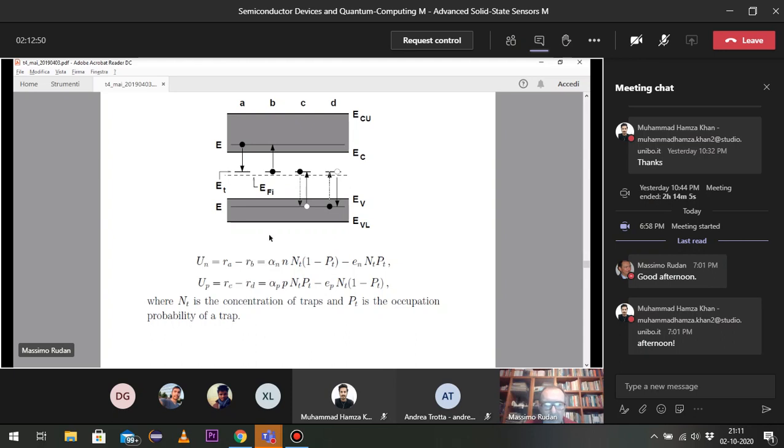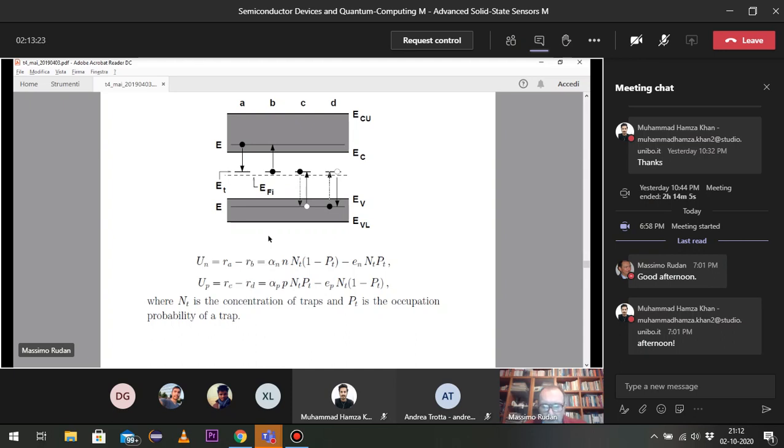But also, it is intuitive that the number of transitions will be larger if the number of traps is larger, okay? If we had no traps, we would not have any transitions, okay? So the number of transitions of type A must also be proportional to the number of traps, but not just the number of traps, the number of traps that are empty.